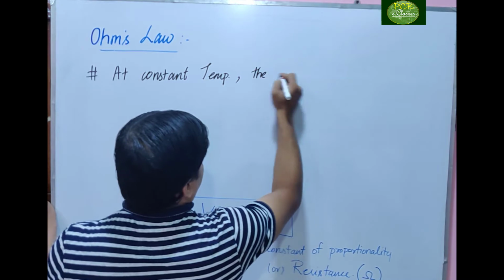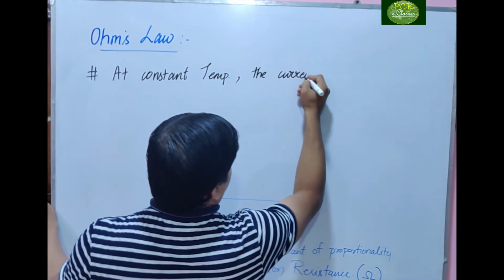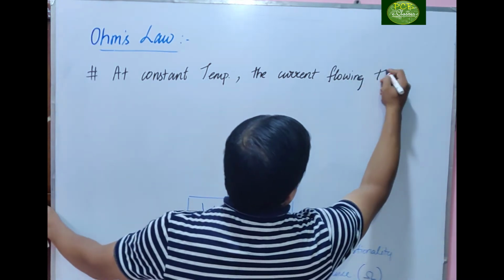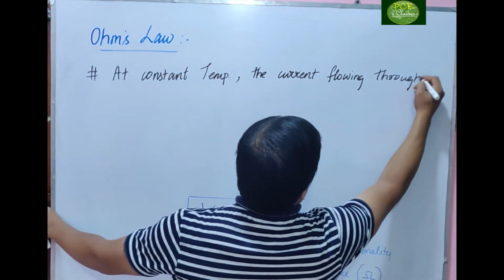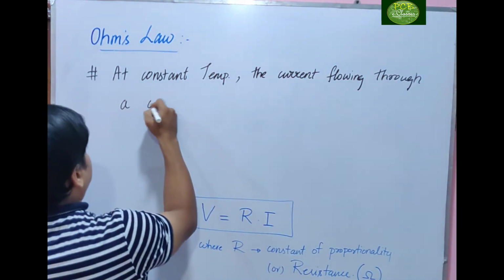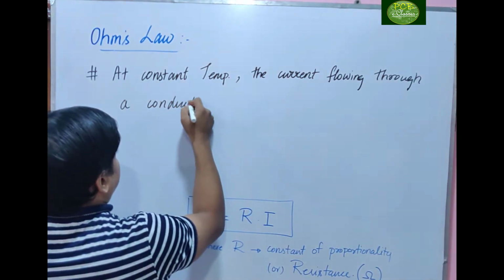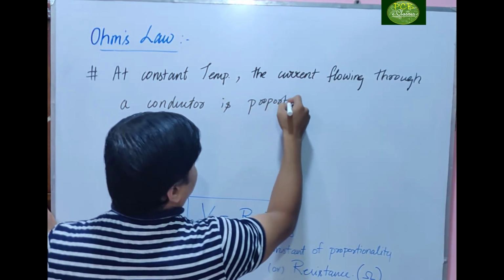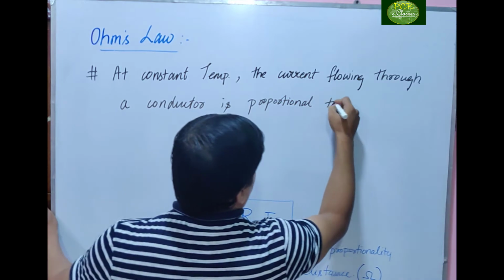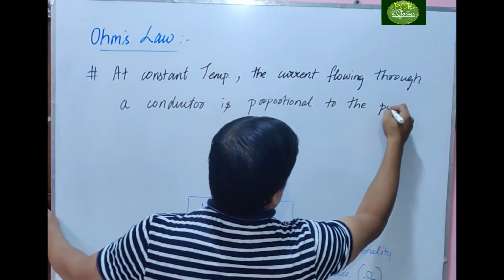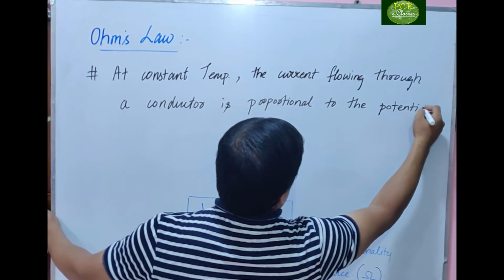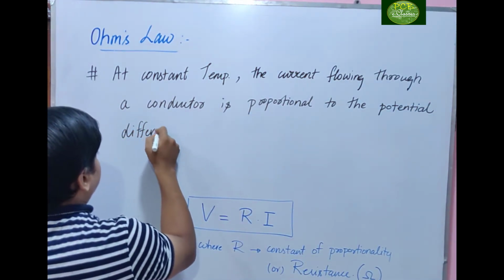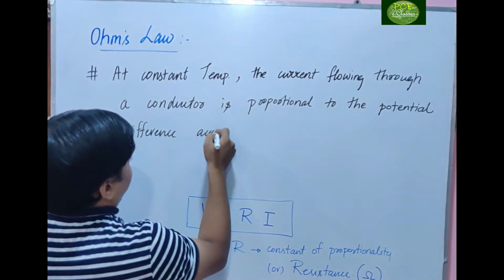The current flowing through a conductor is proportional to the potential difference across it.